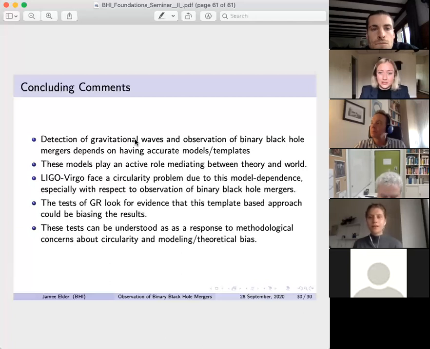Do you think it would be accurate to say that there are more layers of modeling within the gravitational waves case? So in that sense, you don't have to worry about the circularity problem so much? I would hope that the LIGO-Virgo case is better off, because at least you do have some kind of empirical grasp on the target system.